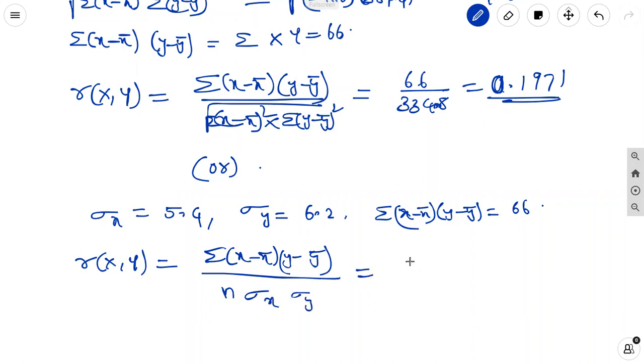It is equal to 66 by 10 into 5.4 into 6.2. It is 66 by 334.8, equal to 0.1971.